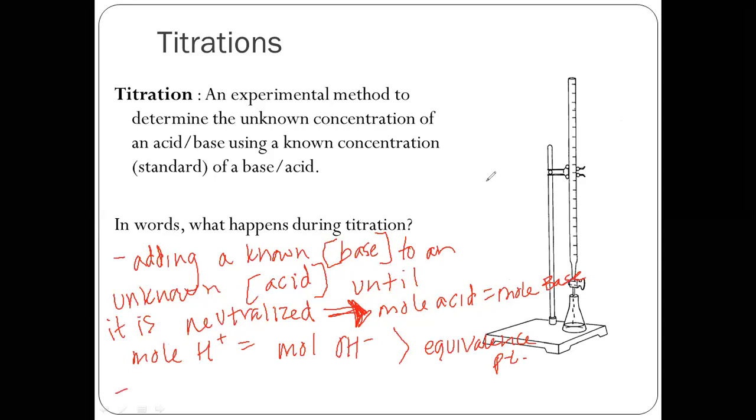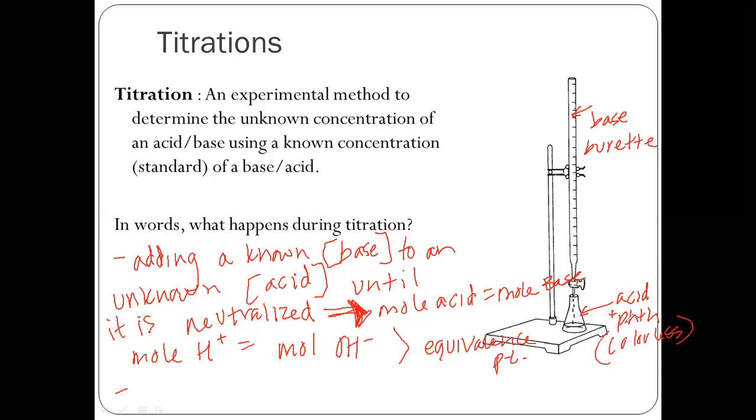Basically, when you do this reaction, so I'm saying that we would have base up here in the burette. Down here you would have an acid that you don't know plus phenolphthalein. So remember that when you have an acid with phenolphthalein, it's colorless.